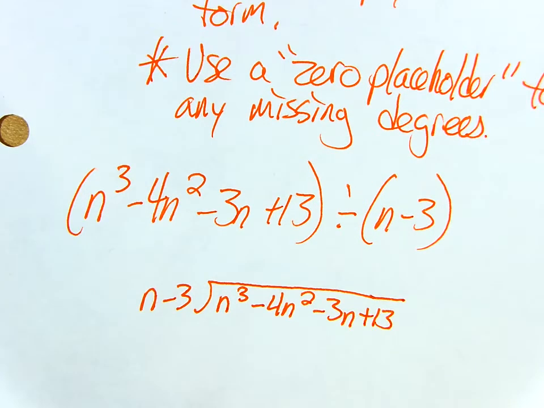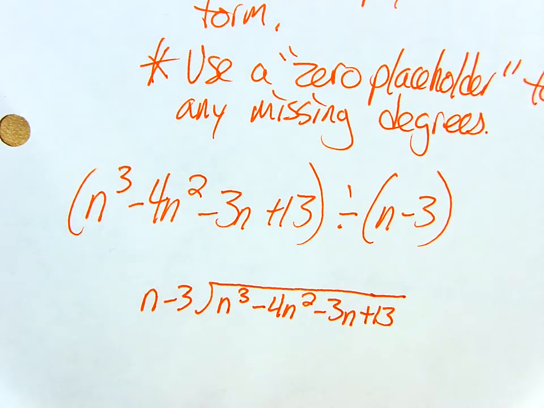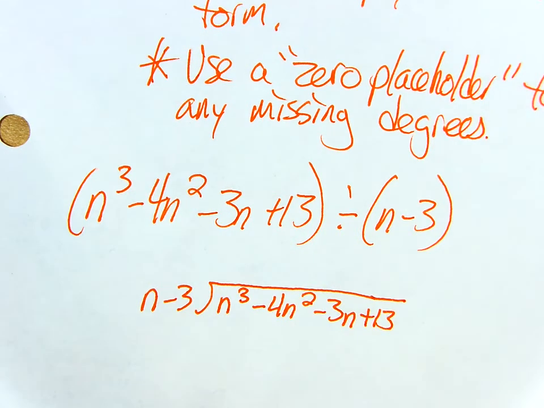Just like with numbers. This is going to feel a little weird at first until you get the hang of it, but then once you get the hang of it, it's actually kind of fun, I think.